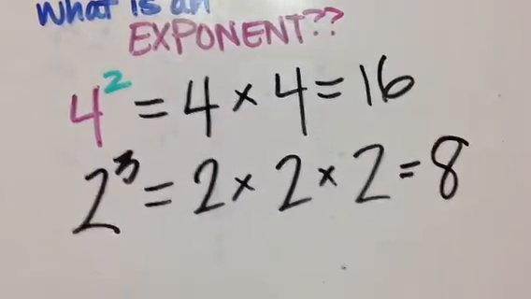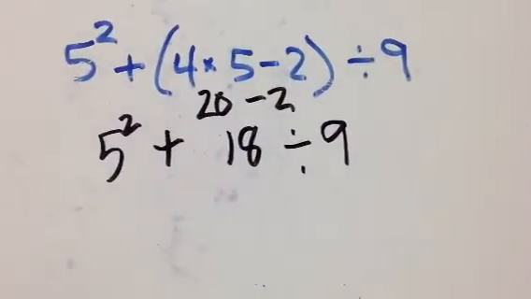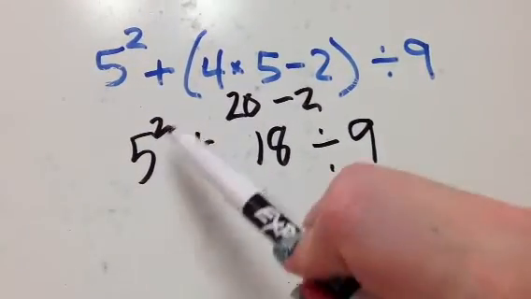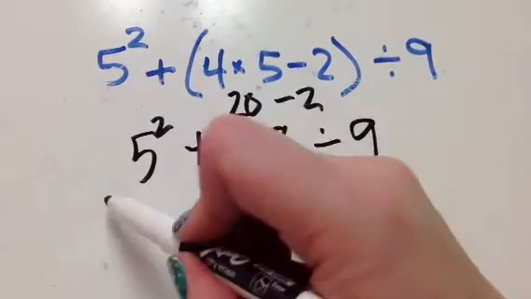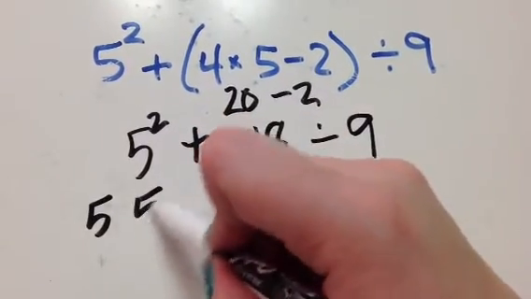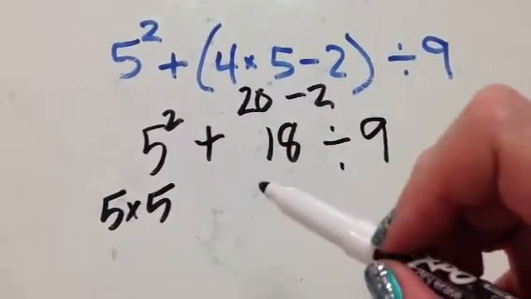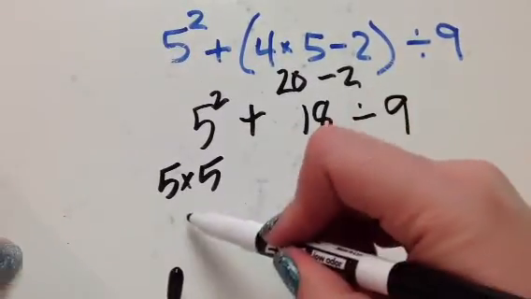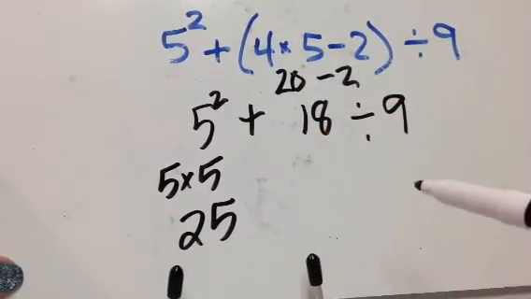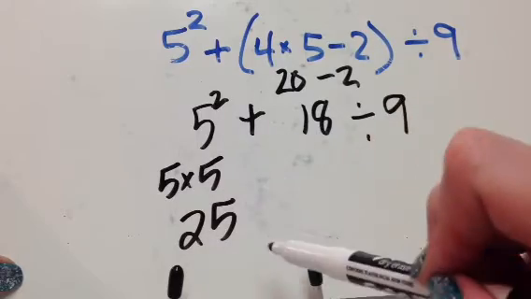Okay, so if we come back to our problem and keep that exponent thing in mind, here's our problem. This 5 squared, all that means is I'm going to write 5 twice and multiply it. And we know what that is. 5 times 5, 25, right? So there we've got that all finished.